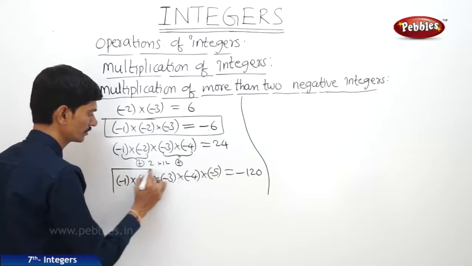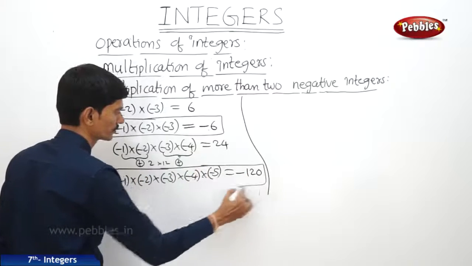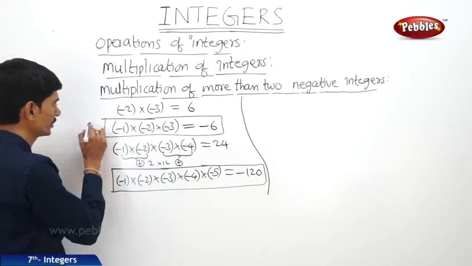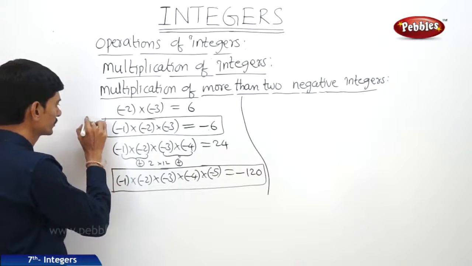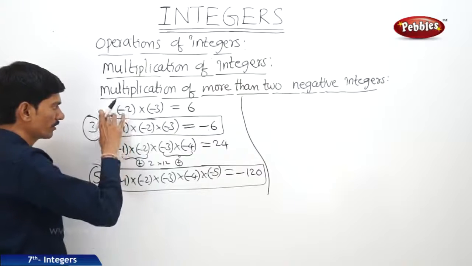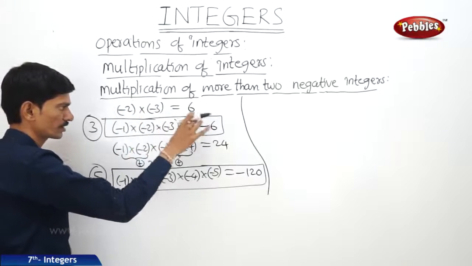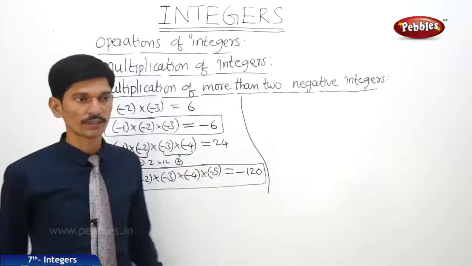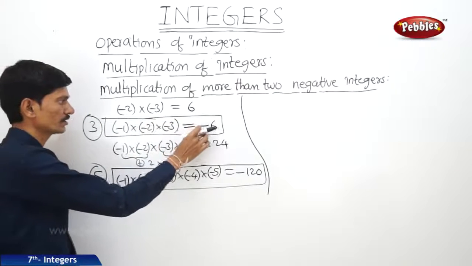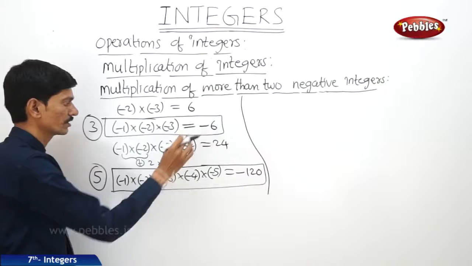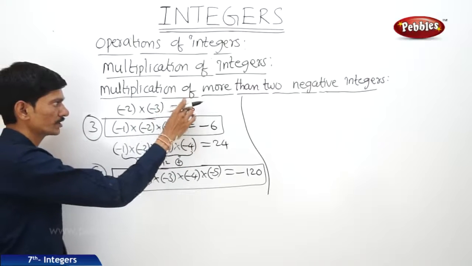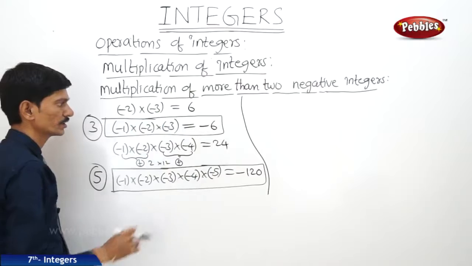And here we have taken 5 negative integers, so here also we got the product as a negative integer. So when you take an odd number of negative integers, the product is a negative integer. And when you take an even number of negative integers, then you get the product as a positive integer.